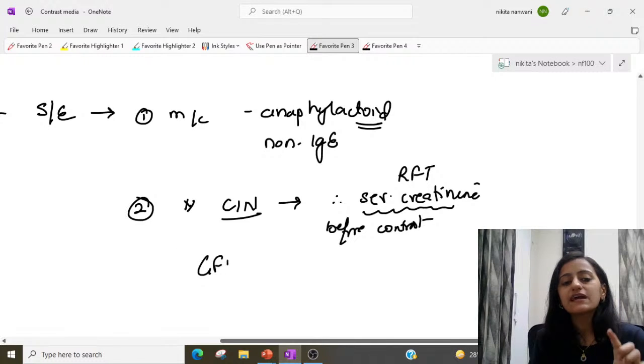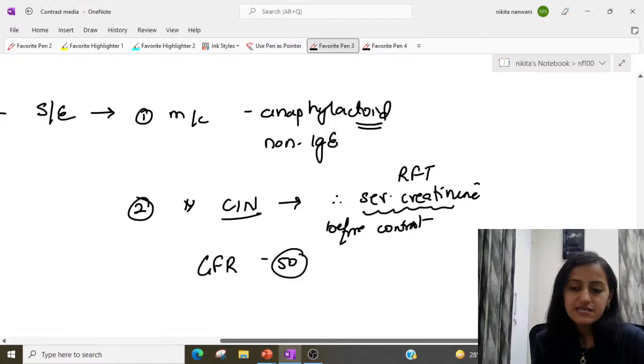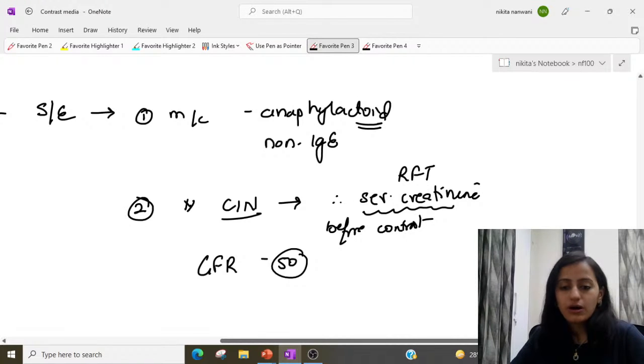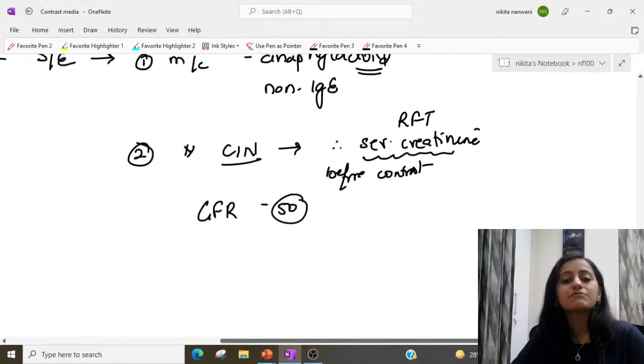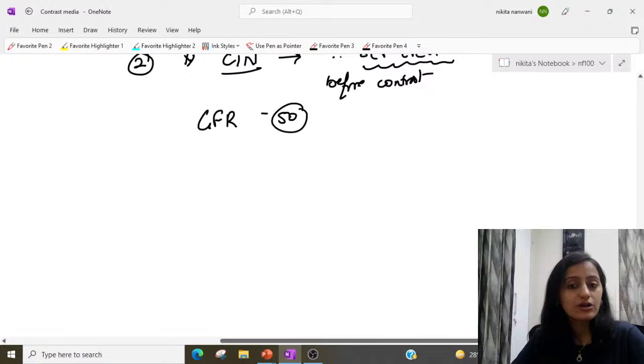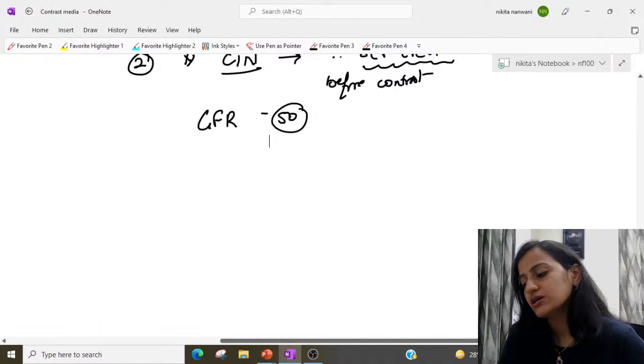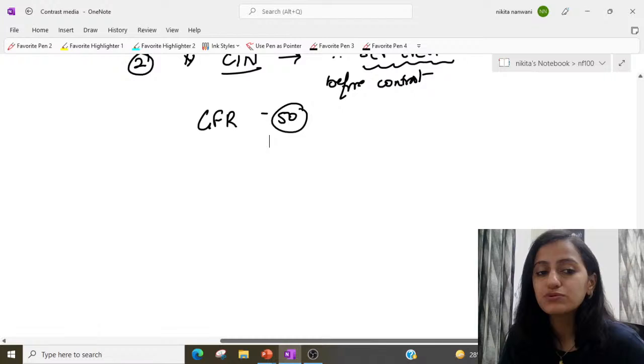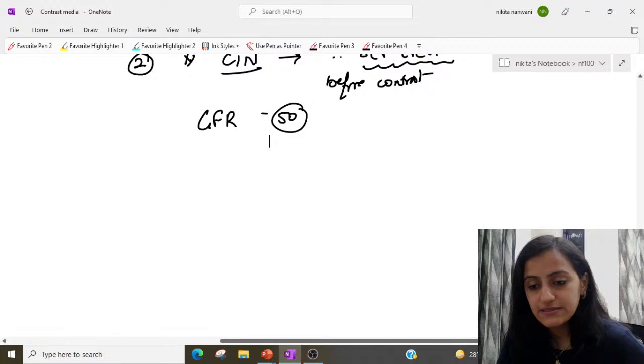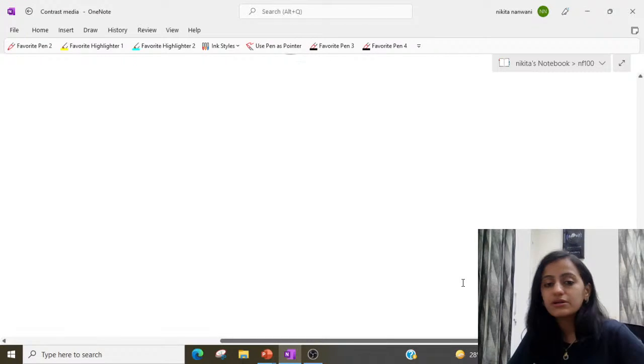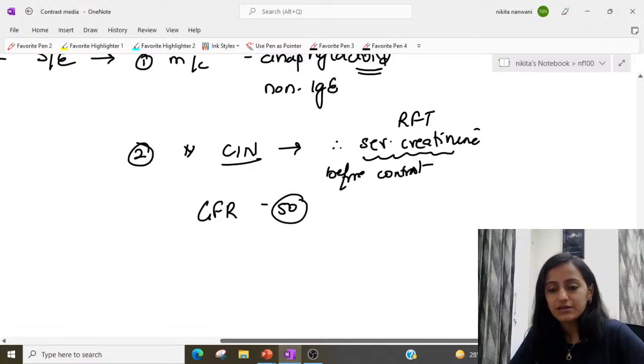From creatinine, we calculate the GFR. 50 ml per minute is what is normal. Without checking that, we do not do the contrast scan. That is very important to remember.